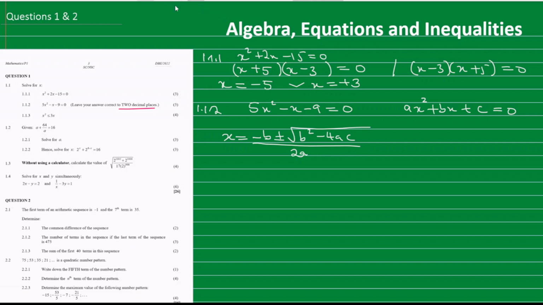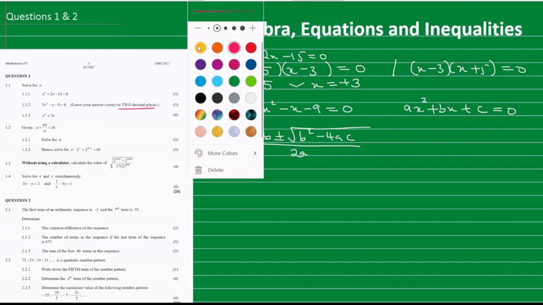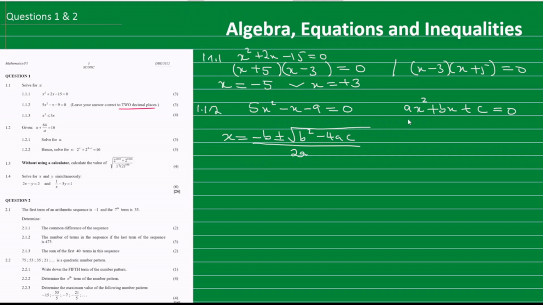So if we compare it with this equation here, our equation is 5x squared minus x minus 9 is equal to 0. a is the coefficient of x squared, so our a here will be 5, and our b is negative 1, then our c is negative 9.